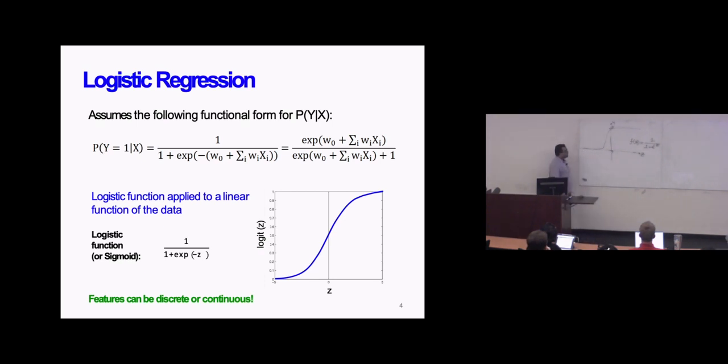Right? So if you have z as a high positive value, then this term goes to 0, and 1 by 1 is 1. So that's what you see on the positive side. And if z is negative, the higher the magnitude, the term becomes a very large positive number, and 1 divided by a large positive number goes to 0.